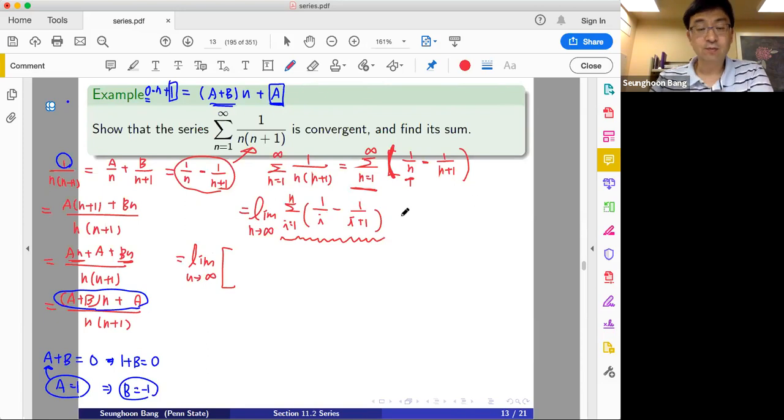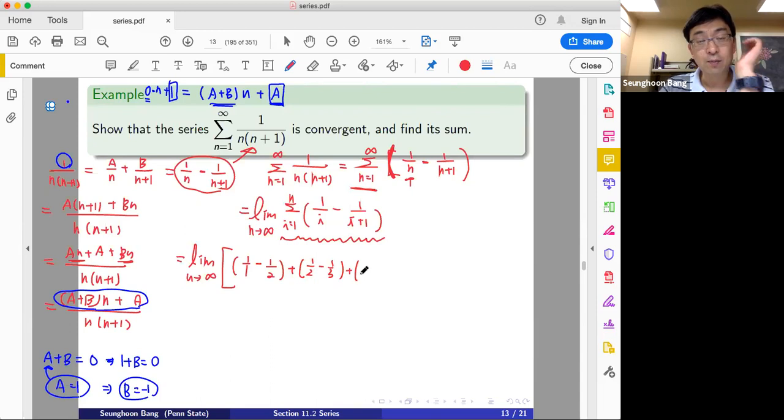What is the first term? I equals 1, you plug 1 into i. The first term is 1 over 1 minus 1 over 1 plus 1, which is 2. The second term, i equals 2: 1 over 2 minus 1 over 3.